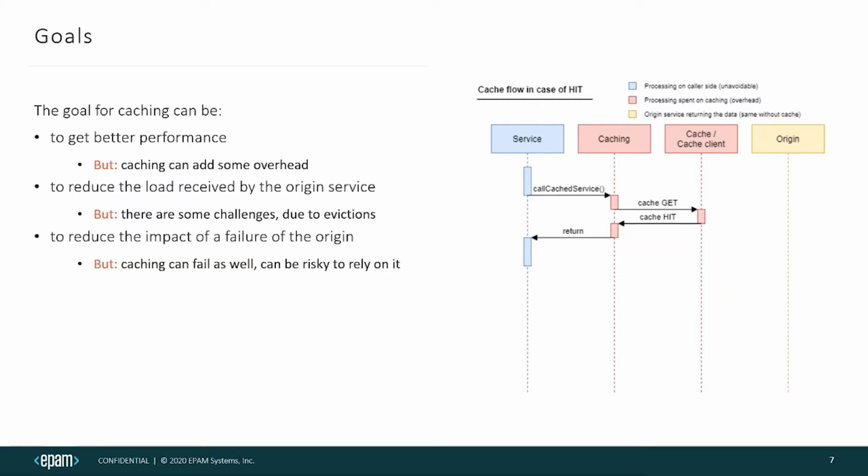Also, talking about the next motivation, you can think of reducing the impact of a failure in case origin is not really reliable for whatever reason. And it can be a valid one because, if we are not calling origin that frequently, then how unreliable origin is is not really coming into the picture in many cases. So it's a good idea to reduce the dependency on an unreliable service based on this.